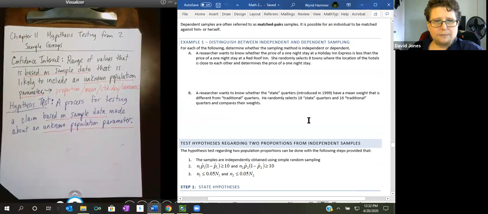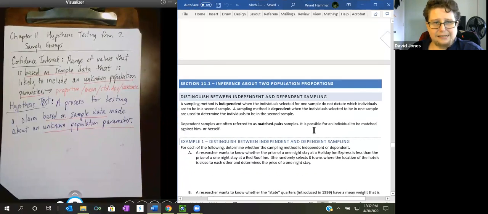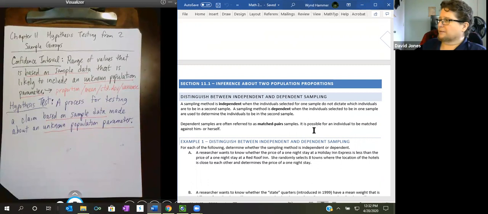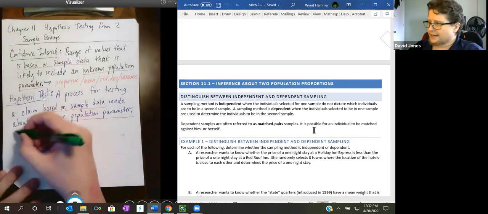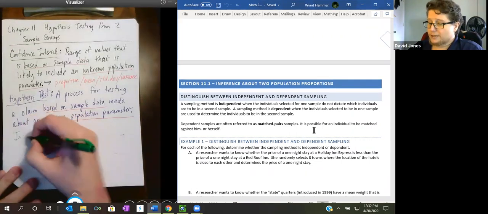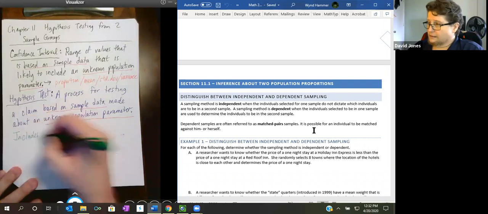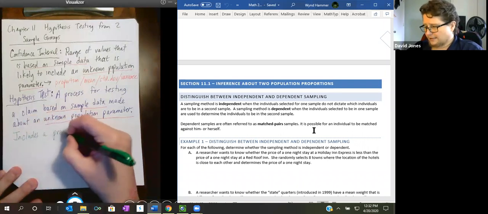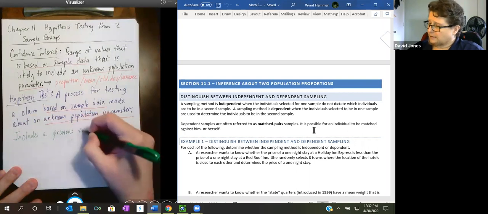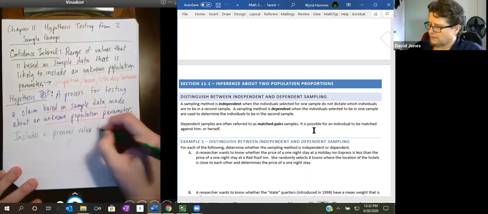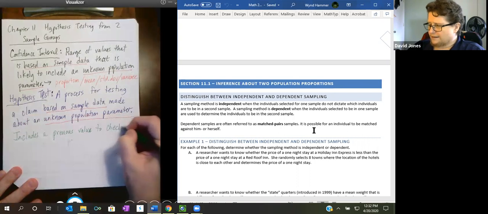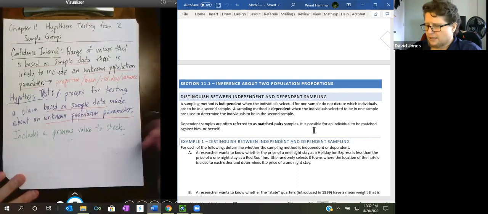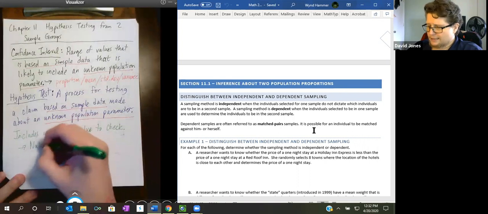So something else, this is from the lecture notes, I want you to see it. This is 11. Let's start looking at 11.1. Well, let's expand upon the hypothesis test a little bit more. The hypothesis test includes a previous value to check against. And what did we call that previous value? This was the null hypothesis, H0.